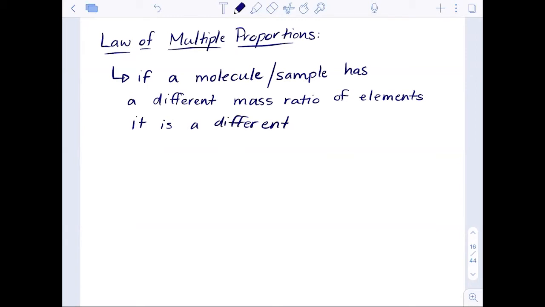Kind of what we were hinting towards with H2O and H2O2. H2O versus H2O2, both consisting of hydrogen and oxygen, but in a different ratio. And that's what we have to say is water versus hydrogen peroxide are different. They'll have different properties, they'll have different reactivities, and that's what the law of multiple proportions just says.